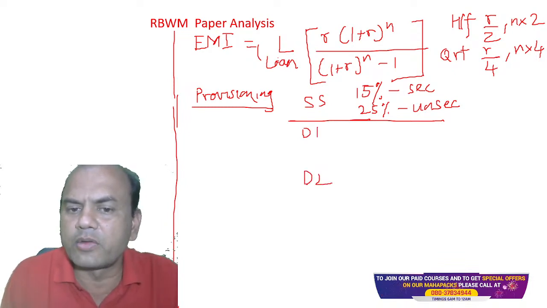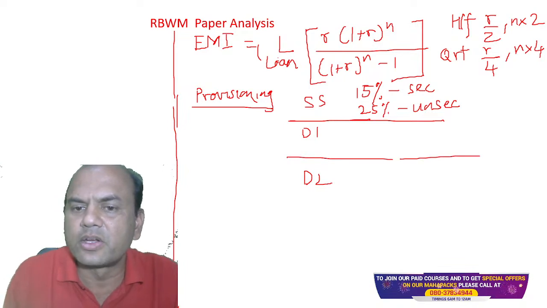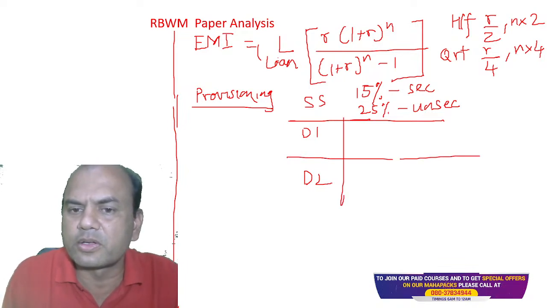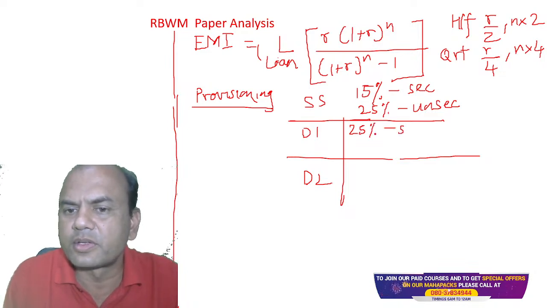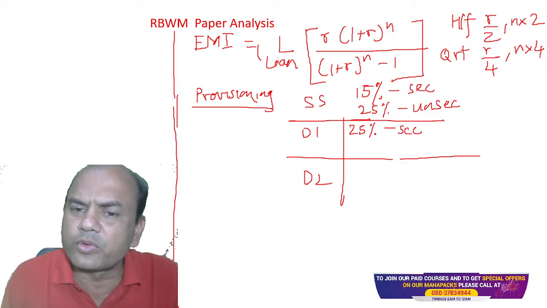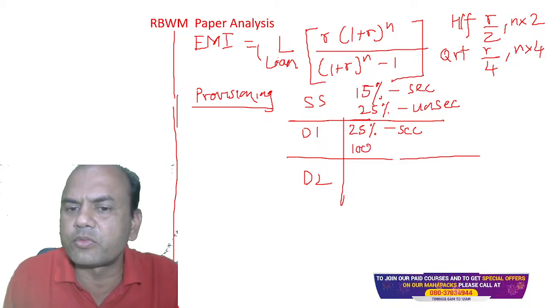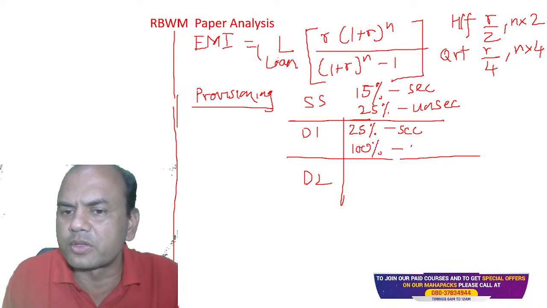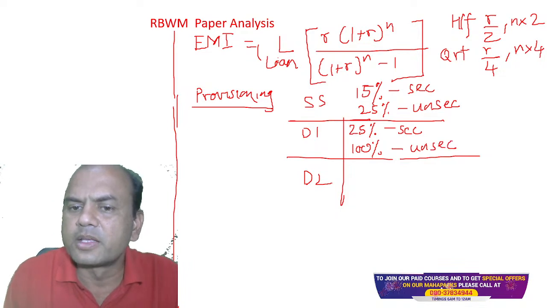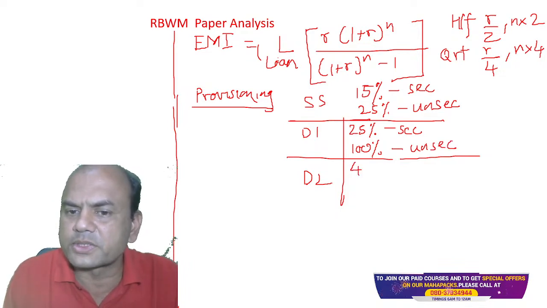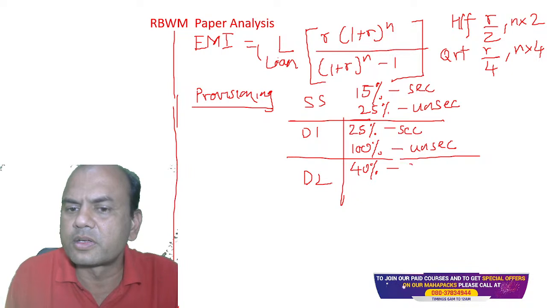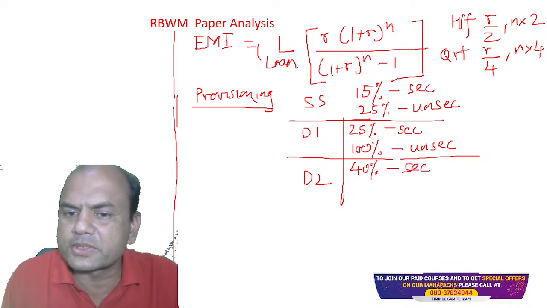Okay, D1 is always, remember like this, 25% for secured, and any doubtful unsecured is 100%. Similarly, D2, 40% for secured and 100% for unsecured.